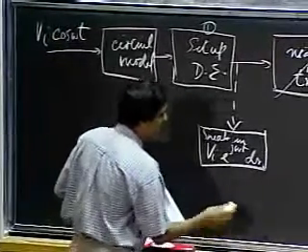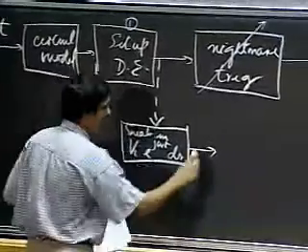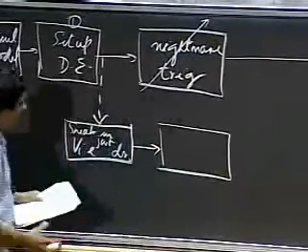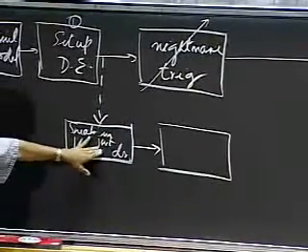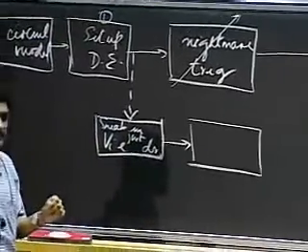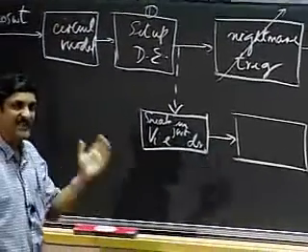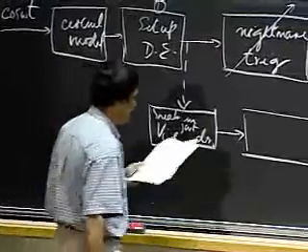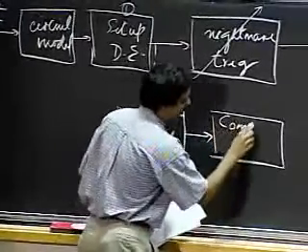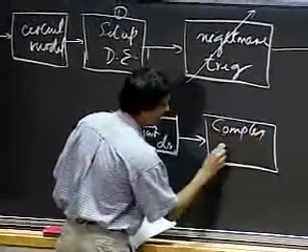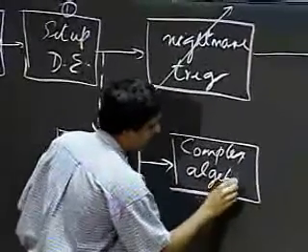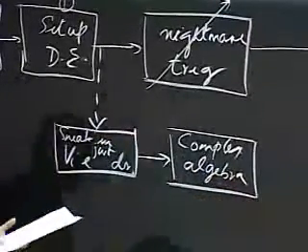So this is my sneaky path, and what I did there, as soon as I fed in e to the j omega t, because of the property of exponentials, the e to the j omega t cancelled out in my equation, and what was left was some fairly simple complex algebra. Okay?